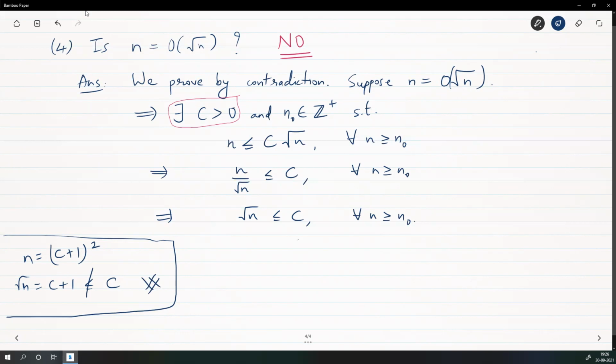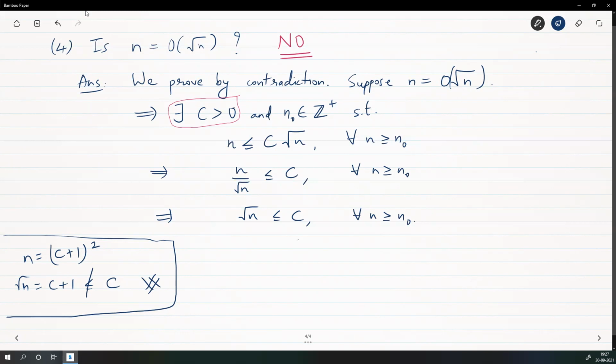But this is not enough, because there is an issue of this n naught, which I have to accommodate. Now n naught could be much larger than c plus 1 squared, so I cannot contradict this with just that much. However, if this is contradicting for c plus 1 squared, then this is actually contradicting for all choices greater than c plus 1 squared.